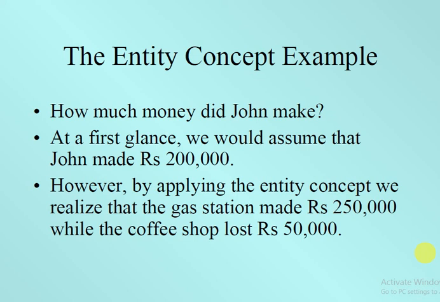However, by applying the entity concept, we realize that the gas station made rupees 2,50,000 while the coffee shop lost 50,000. So this 50,000 will be subtracted, right? If you accurately value these two different entities, the lost amount will be subtracted.